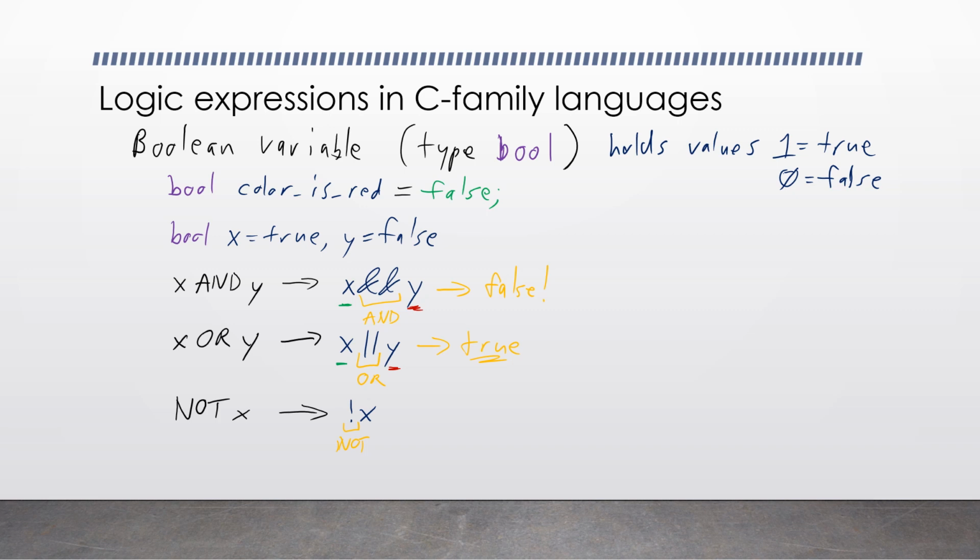So you pronounce the first statement x and y, the second statement x or y, and the third statement properly would be pronounced not x, but C programmers would call it bang x. Okay. And since x is true, this evaluates to the logical reverse of true, which is false. Okay.